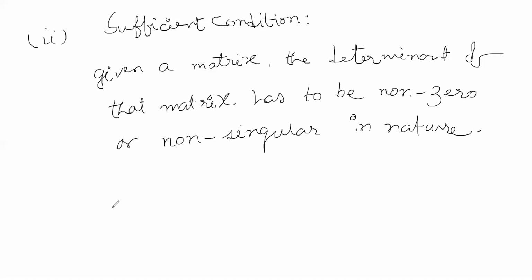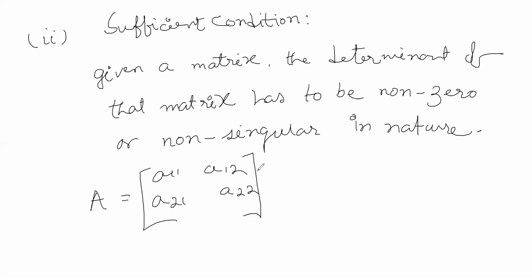So the first one, the necessary condition, we can easily understand from the given matrix. If it is equal to A11, A12, A21 and A22, we will simply calculate the number of rows and number of columns.